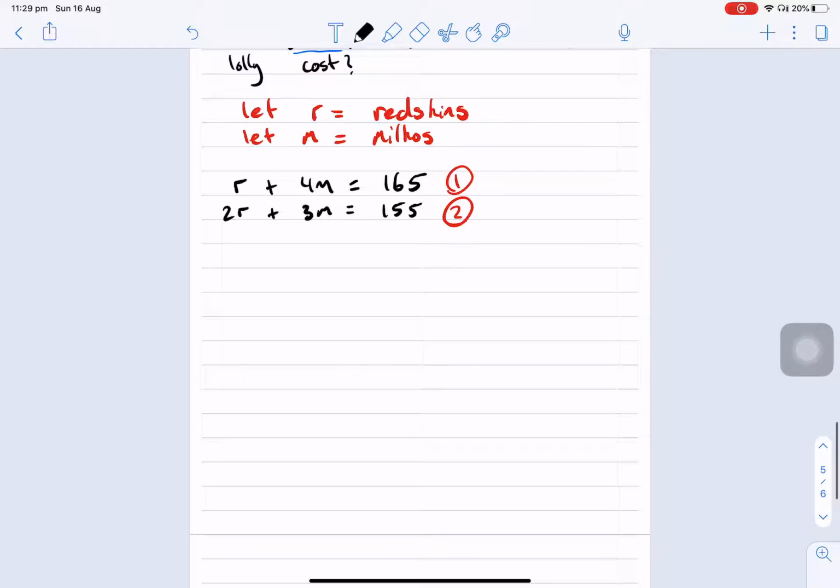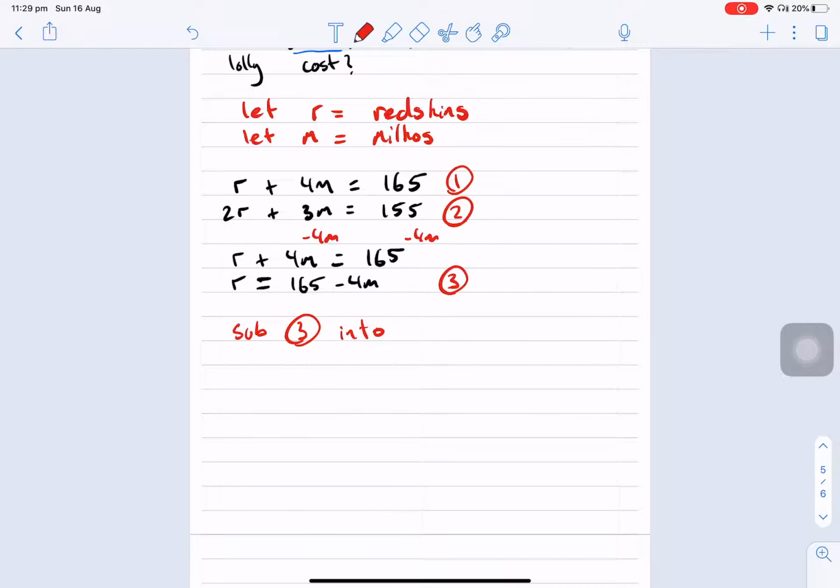So I'm going to manipulate equation 1. So I've got R plus 4M equals 165. I'm going to take that 4M away from both sides. And that's going to give me R equals 165 minus 4M. I'm going to make that equation 3. So I'm going to sub 3 into 2.